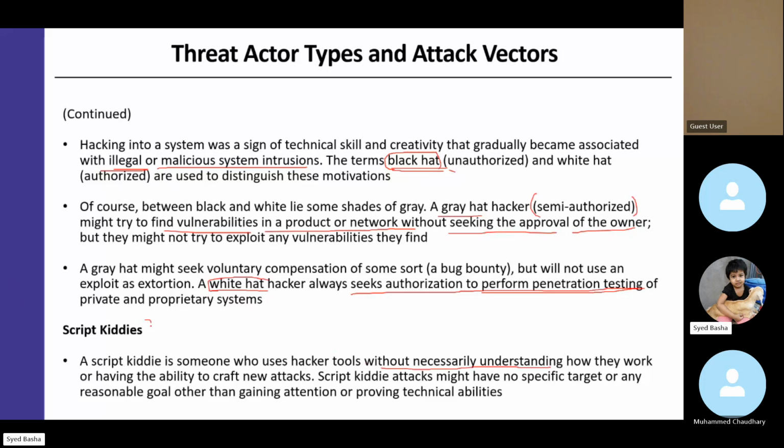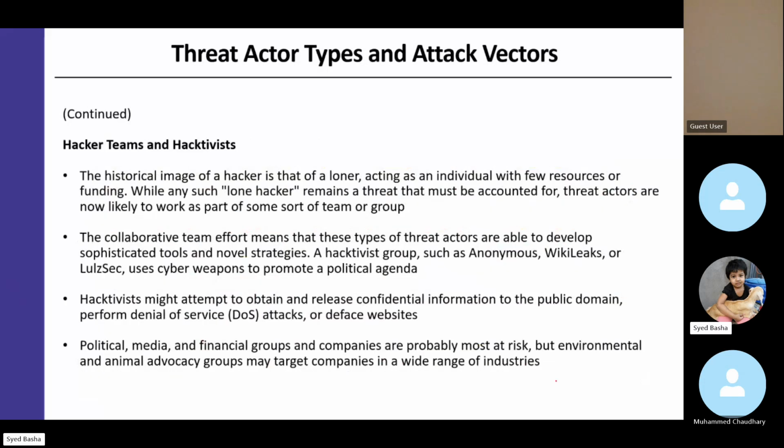Script kiddies just jump into the deep web or dark web and buy a piece of software for $5 or $10. Then they make some small changes, maybe just changing the file name of the software file, and send it to their friends or colleagues to try to attack them. That's called a script kiddie.